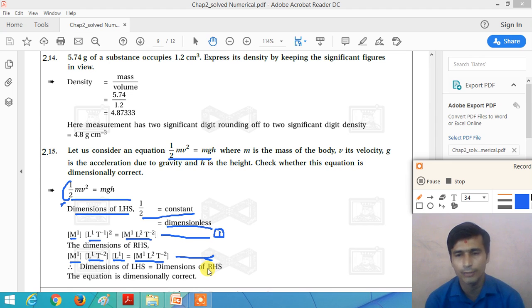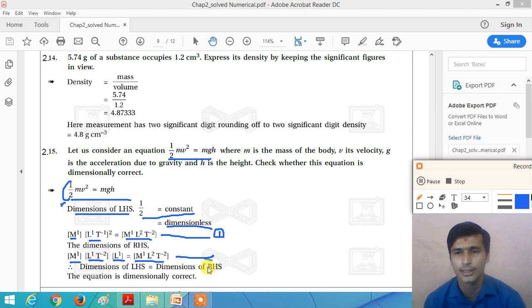So the equation is dimensionally correct. If there are more than two terms, we calculate the dimension of all the terms, and if the dimension of all the terms are the same, we can say that the equation is dimensionally correct.